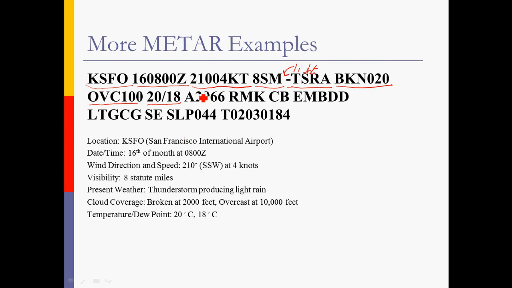And then we have A2966 here. And this 5-character piece tells you sea level pressure information. Remember that the A stands for altimeter, while 2966 is the sea level pressure in, excuse me, in hundredths of inches of mercury.